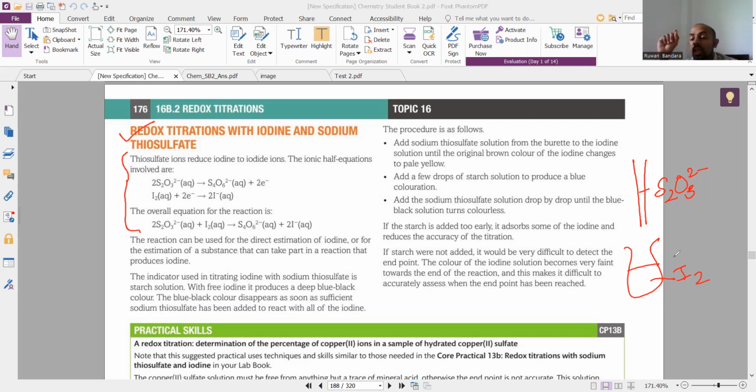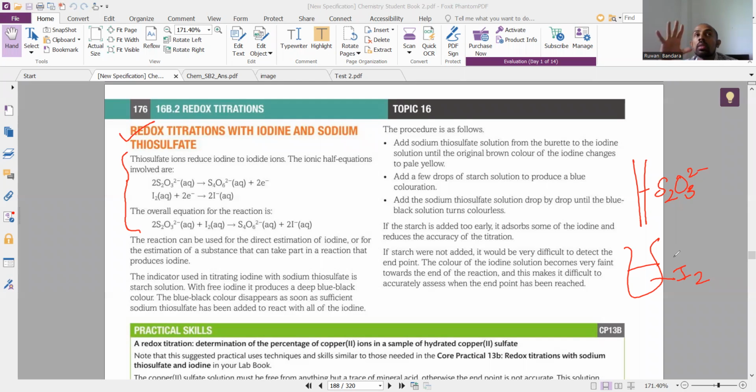If starch is added when there is a high concentration of iodine, iodine will form an insoluble complex with starch. Therefore, whatever volume you add to the solution will not give any change in color, because the starch-iodine complex is insoluble. Therefore, you have to add some amount of thiosulphate.